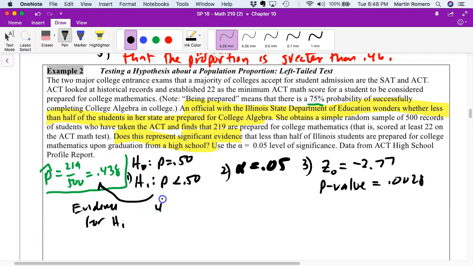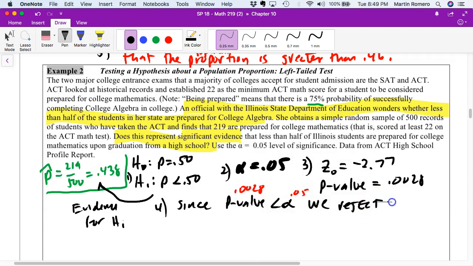So now step 4 is to compare them. Since the p-value is smaller than alpha, this p-value is 0.0028, this is 0.05. Since the p-value is less than alpha, we reject the null hypothesis.